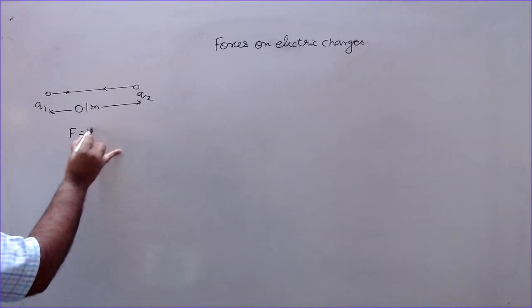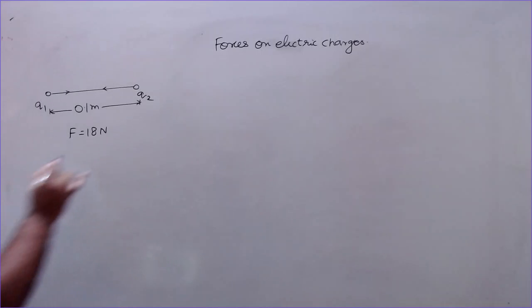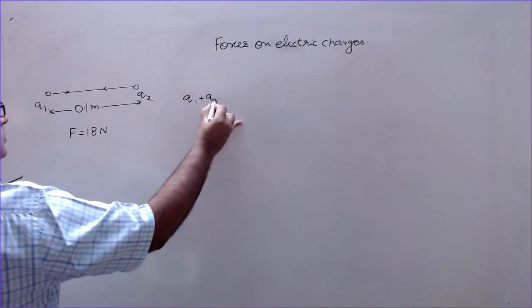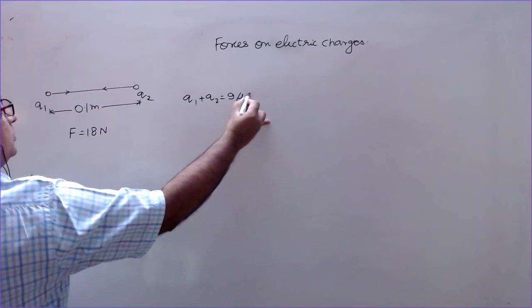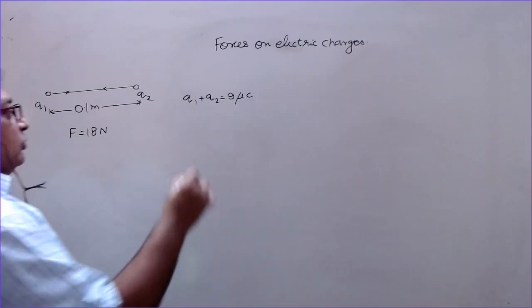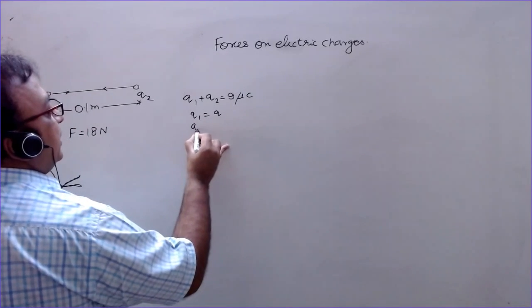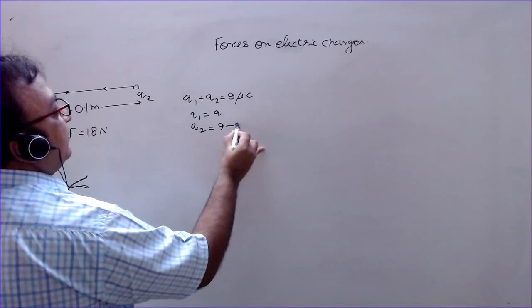The sum of the charges is 9 microcoulomb. Calculate their separate values. Find Q1 and Q2. Suppose Q1 is equal to Q, then Q2 is 9 minus Q.